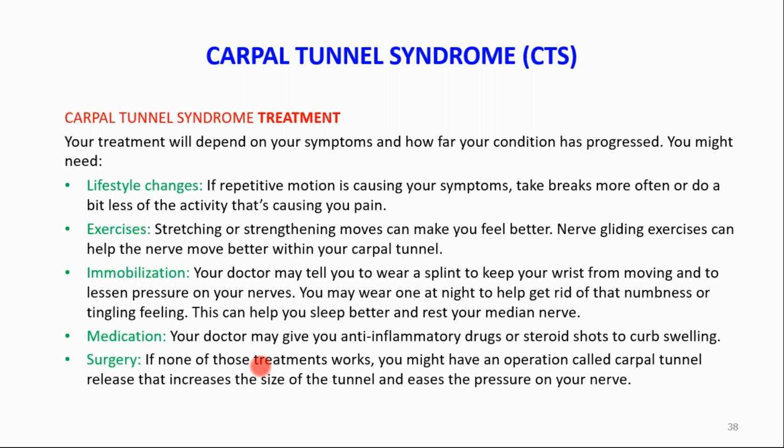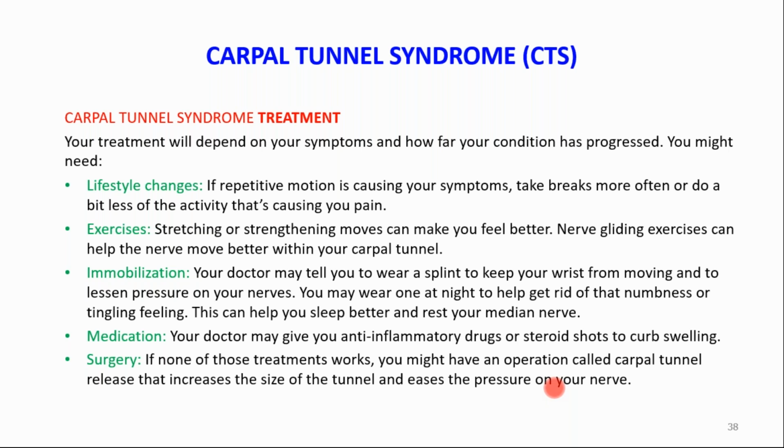If none of these treatments works, you might have an operation called CT release, carpal tunnel release, that increases the size of the tunnel and eases the pressure on your nerve. More pressure on the median nerve is the main issue, and that is why it is called carpal tunnel syndrome.